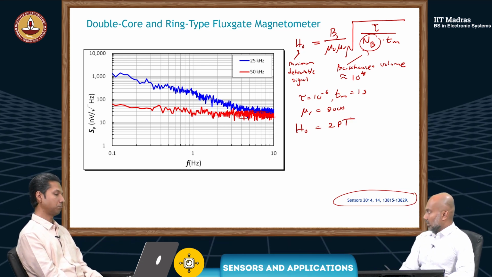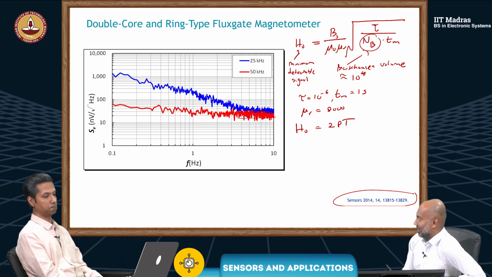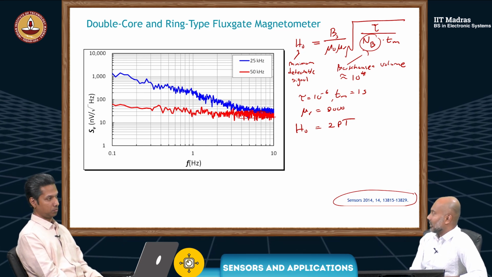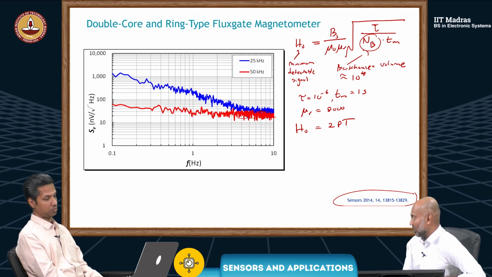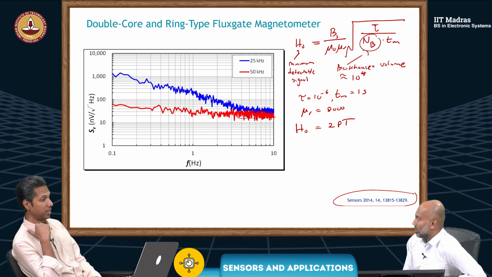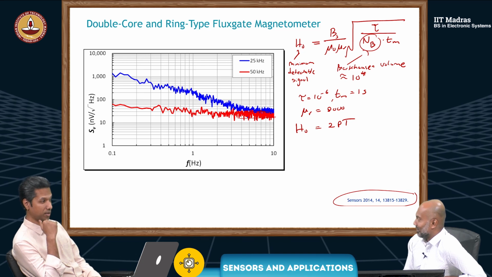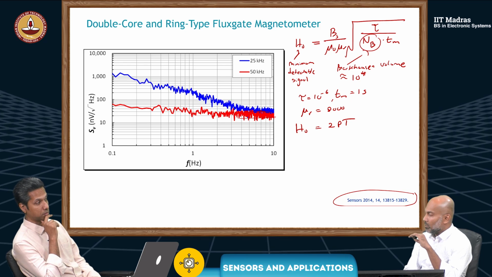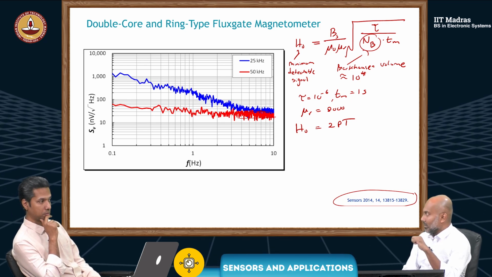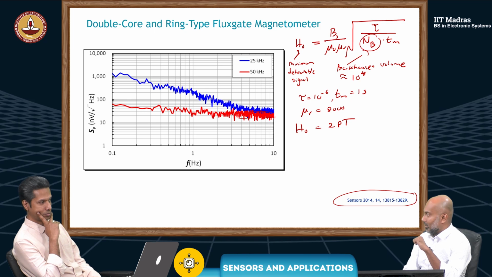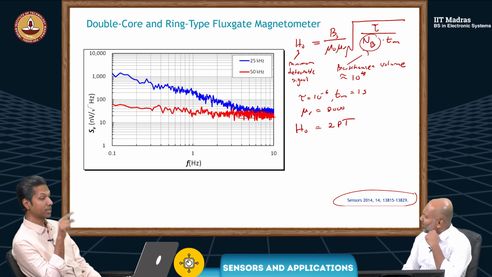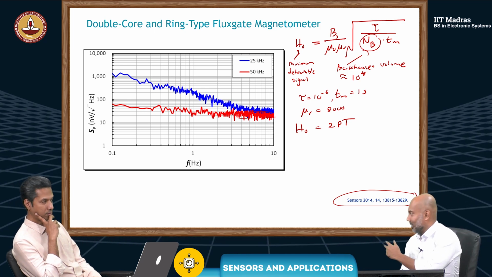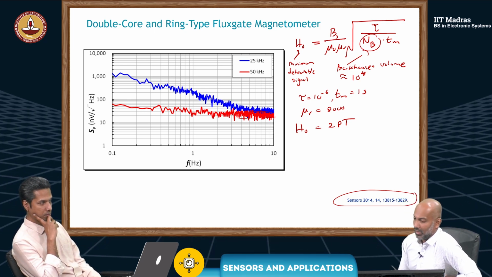Another indication of how low you can measure. Earth's magnetic field is like 50-60 microtesla, and this is picotesla. Fluxgates are used to measure very low magnetic fields, in the nanotesla range. I guess this is the resolution, the minimum detectable.